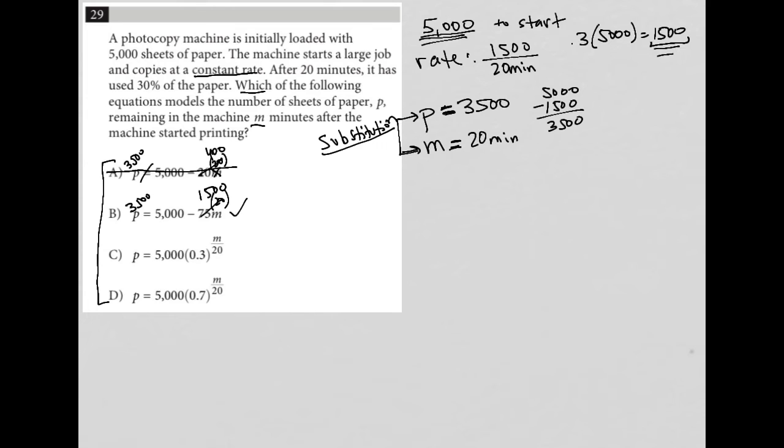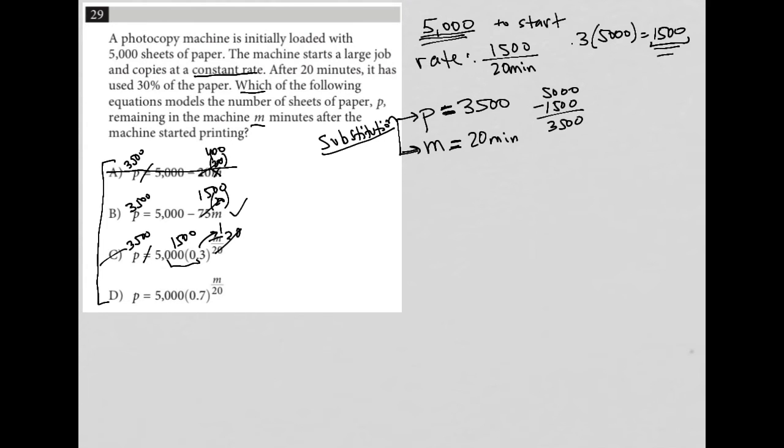So I'm going to continue. For choice C, if I replace M with 20, 20 divided by 20 is 1. 0.3 to the first power is still 0.3, and 5,000 times 0.3 is 1,500. Again, we wanted P to be 3,500, so that is not equal, and choice C is gone.